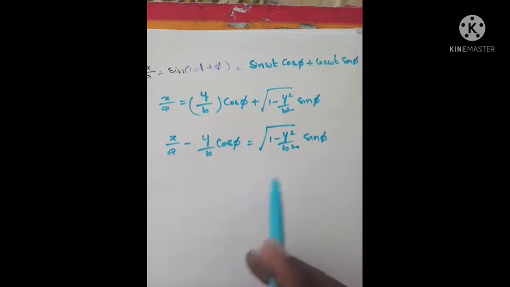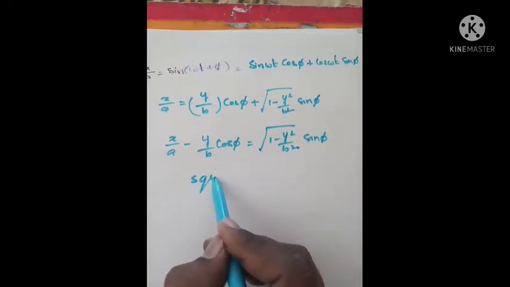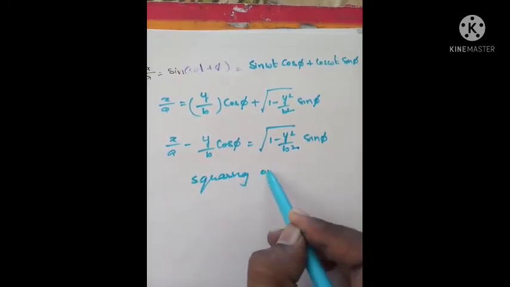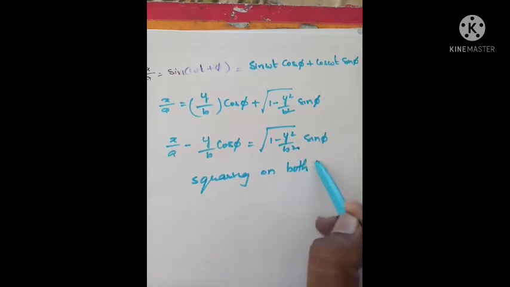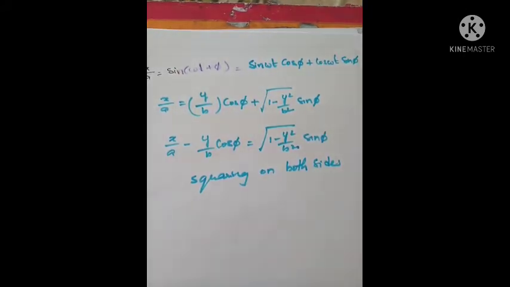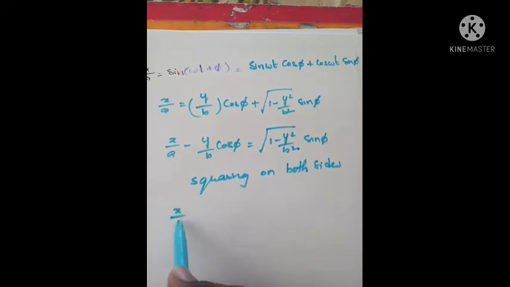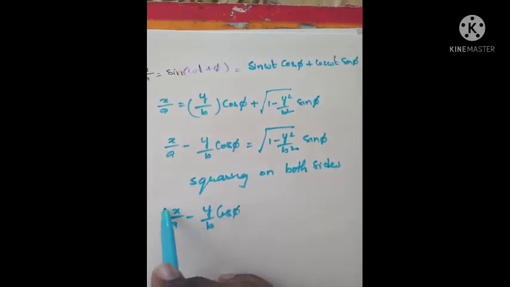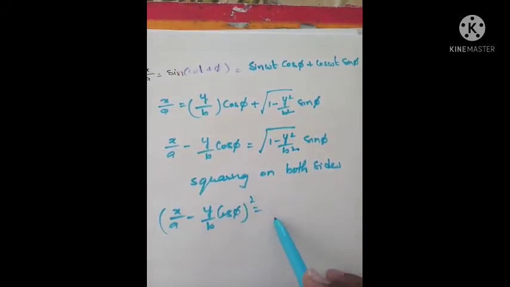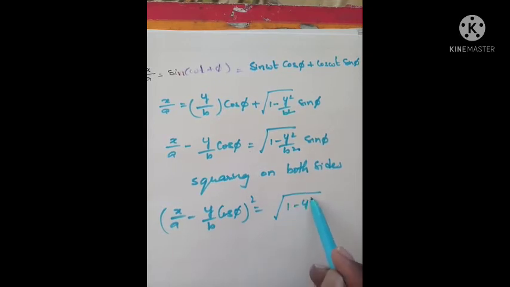Now squaring on both sides, we get x by a minus y by b cos pi, whole square, equal to 1 minus y square by b square into sine pi, whole square.